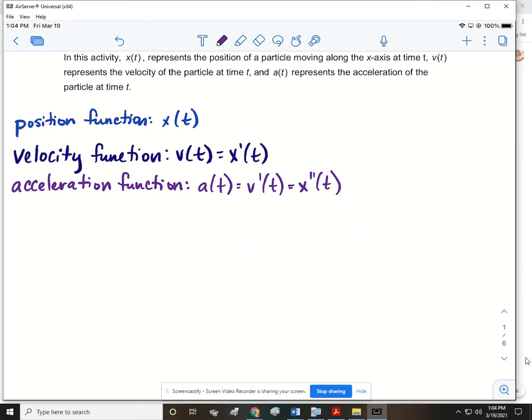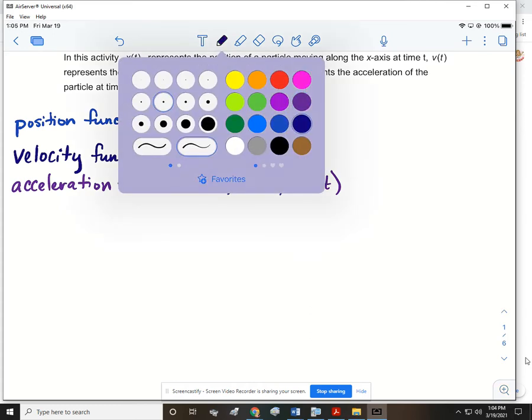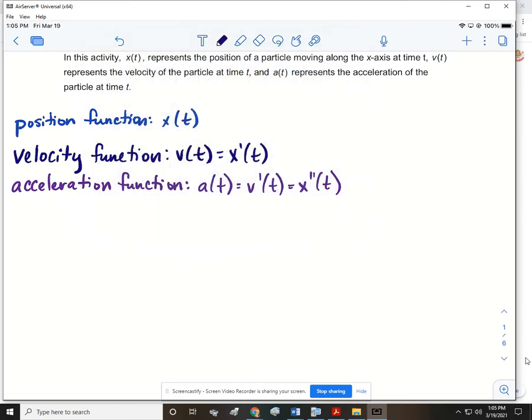Now, one thing we haven't talked about is you can also go the other direction. So we go from velocity to acceleration, but you also can go from acceleration to velocity. Right? So if we have the acceleration function and we want the velocity, we're going to integrate it.